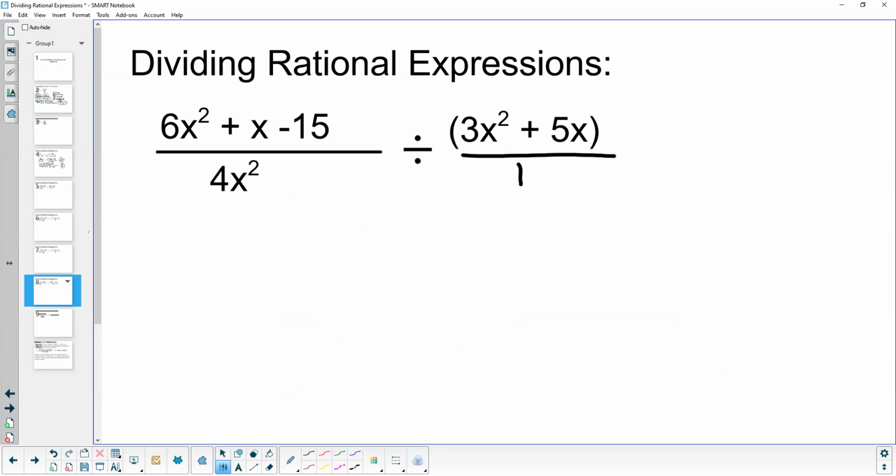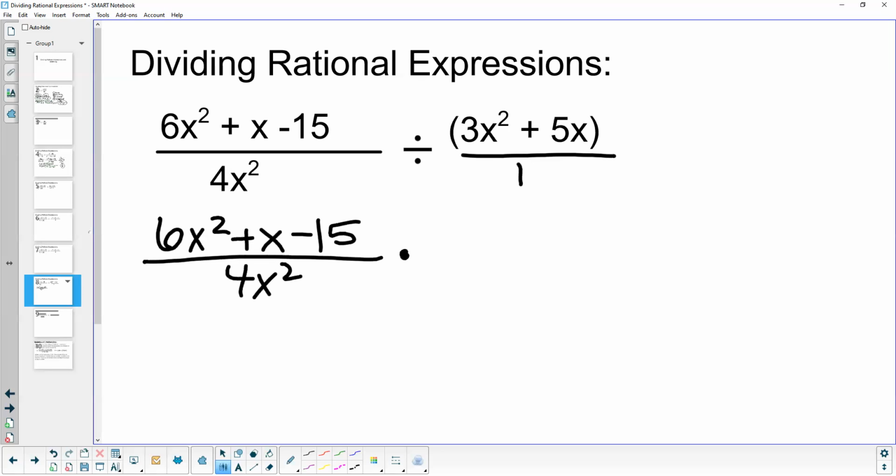So all of a sudden we have our fractions here and we can do exactly what we were doing before. Flip the sign, flip the fraction. So now we're at 6x squared plus x minus 15 over 4x squared times 1 over 3x squared plus 5x.